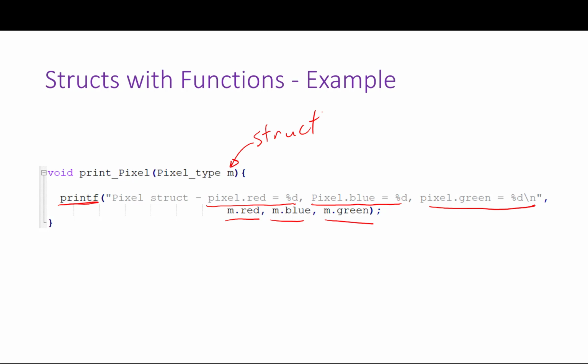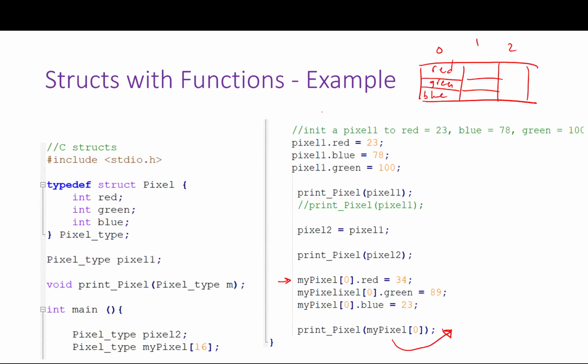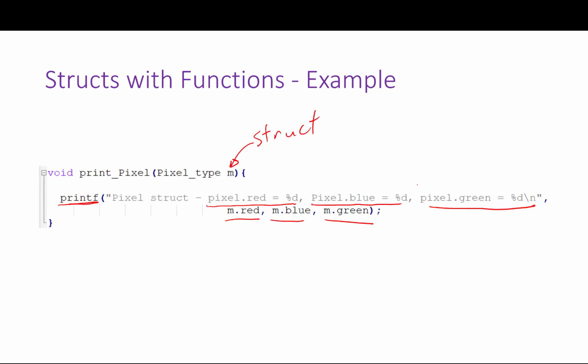So here you are calling, for example, the first call. Let's take this one. You will find that you're sending pixel1, right? So pixel1 will replace m here, and then you will have pixel1.red, pixel1.blue, pixel1.green, and all of them will be printed, and finally you will get the print for this function.